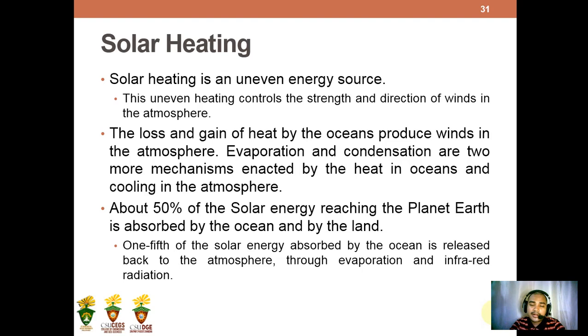If there are changes in the losing and gaining of heat in the ocean, according to this reference, this can produce winds in the atmosphere. There might be mechanisms such as evaporation and condensation. These are two more mechanisms enacted by the heat in the oceans and cooling in the atmosphere.